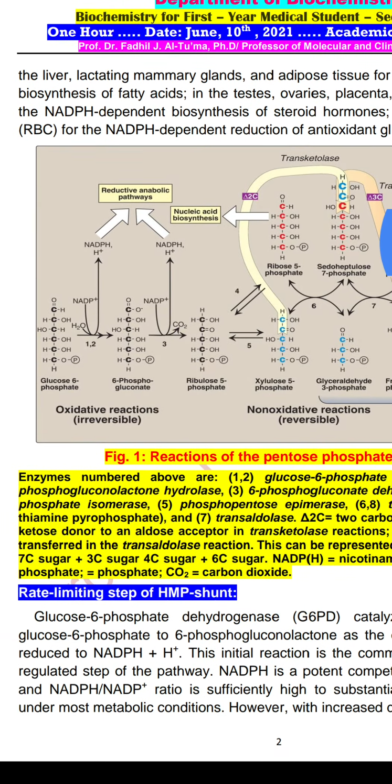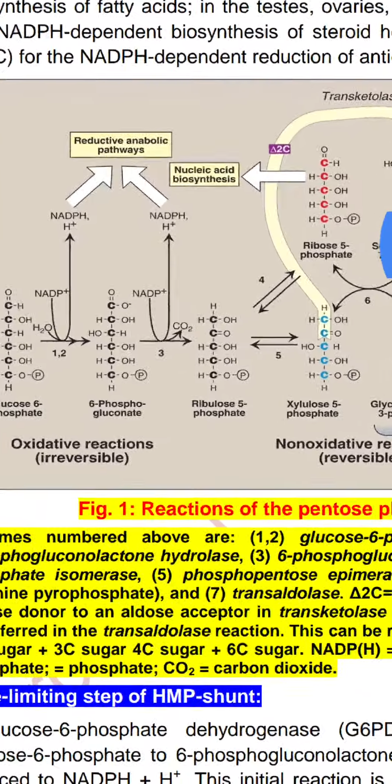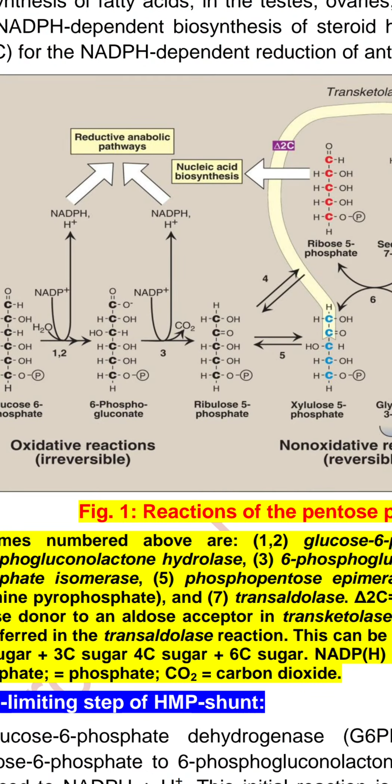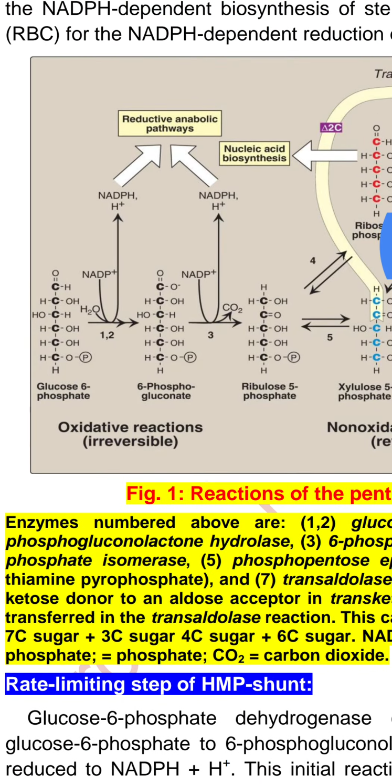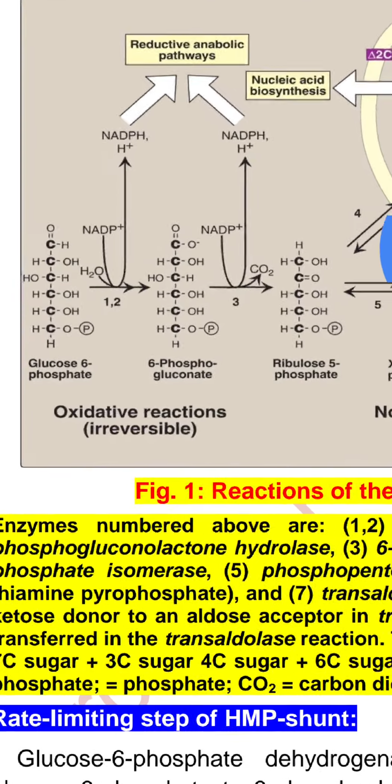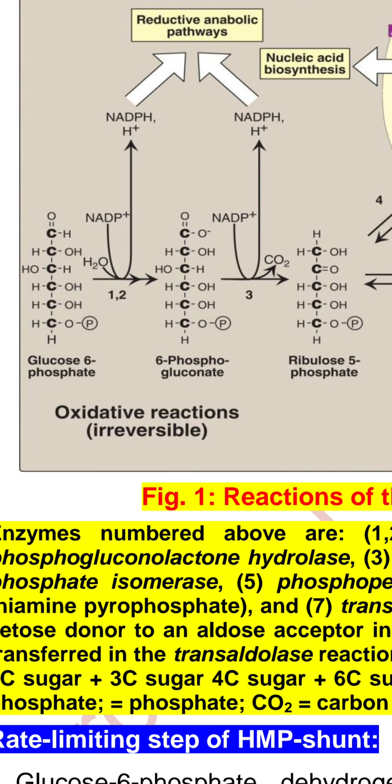This figure indicates the overall reactions of the HMP shunt. We have two different stages. The first stage includes oxidative reactions, which must be irreversible.